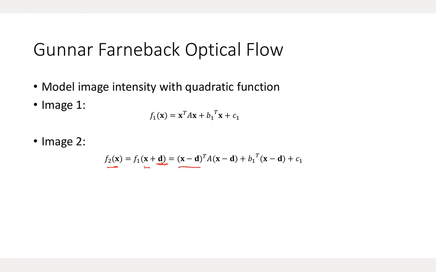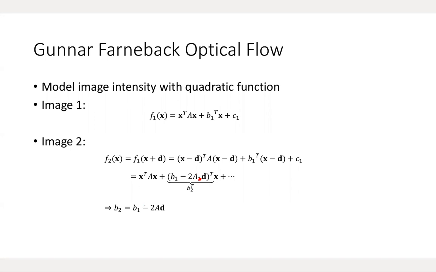So therefore it will be x minus d, and like this one here. And therefore in terms of the second image, let's say you have another parameter B here. B2 will be equal to B1 minus 2 A1 D. Or maybe I just shouldn't put A1, maybe just 2AD here.